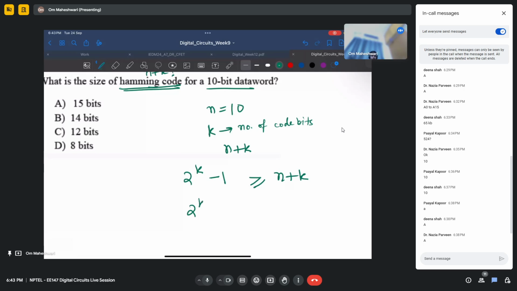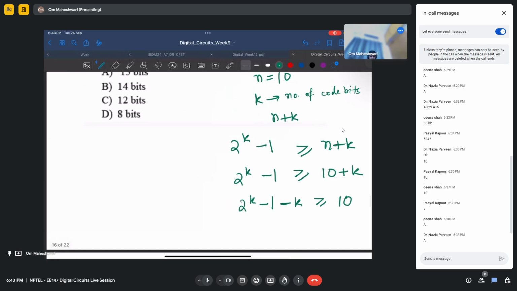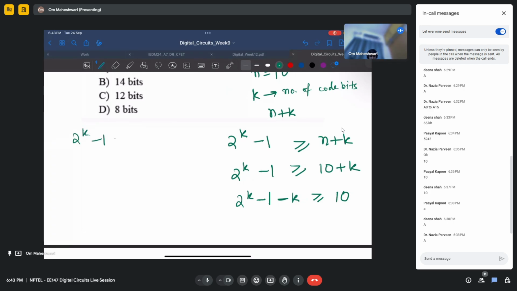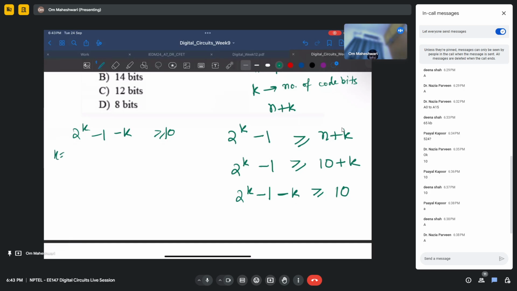So 2 to the power k minus 1 should be greater than or equal to 10 plus k, or 2 to the power k minus 1 minus k should be greater than or equal to 10. Now we can put some values here: k equal to 1, 2, 3, 4, 5.